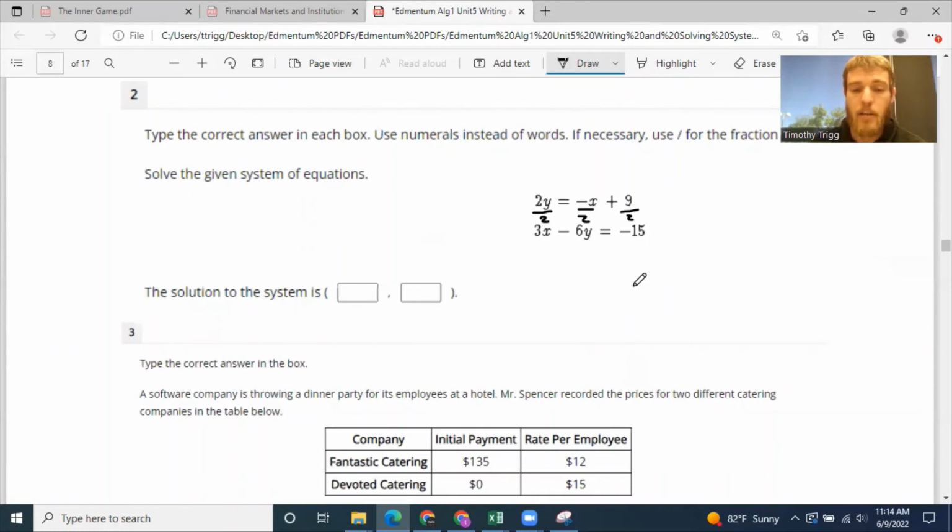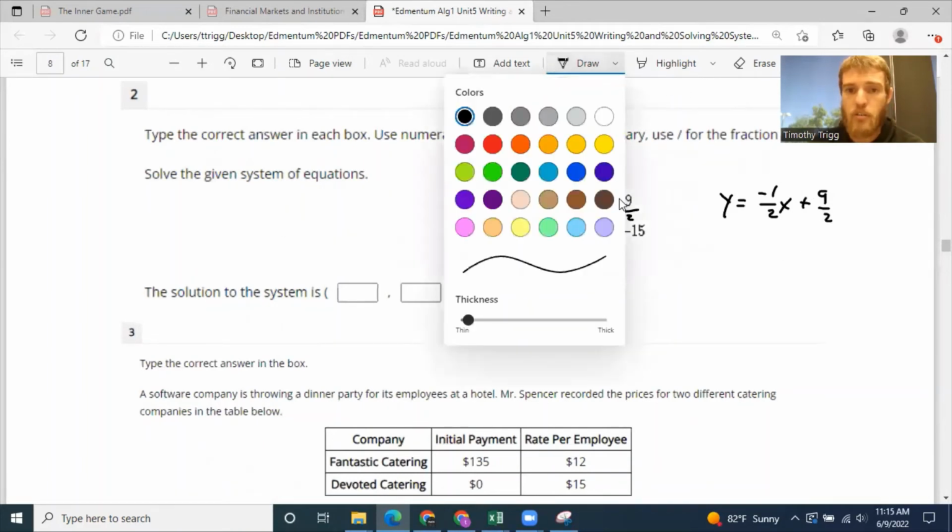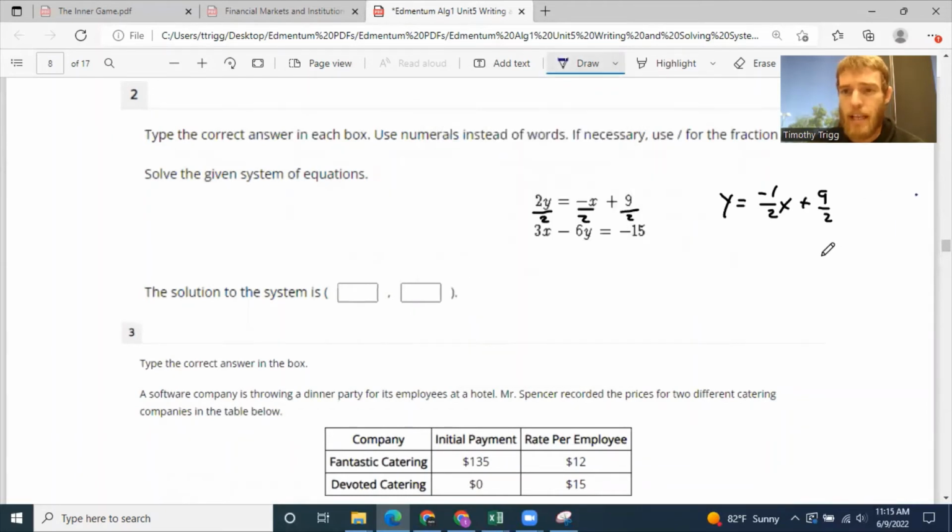I would divide everything by 2 there, giving us y equals, I can call this negative 1/2 x, I kind of like writing it like that, plus 9 over 2. Now you could write this as a decimal, but I think as a fraction, I prefer to work with fractions, at least when I'm doing algebra. If I was doing statistics, then I usually like working with decimals.